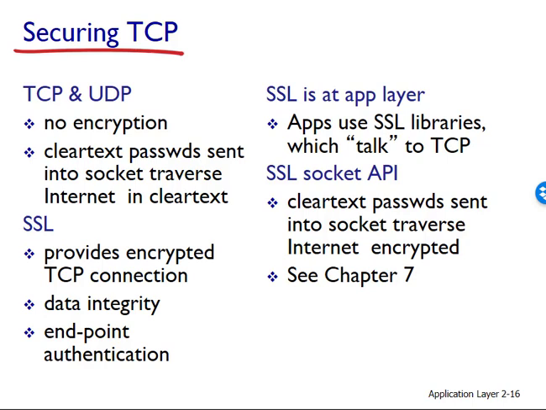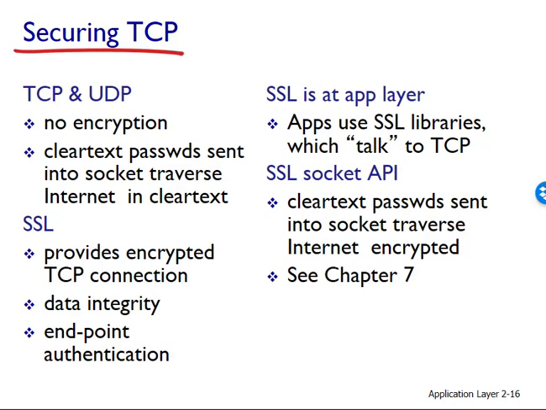In particular, if an application wants to use the services of SSL, it needs to include SSL code on both the client and server sides of the application. SSL has its own socket API, Application Programming Interface, that is similar to the traditional TCP socket API. When an application uses SSL, the sending process passes clear text data to the SSL socket.